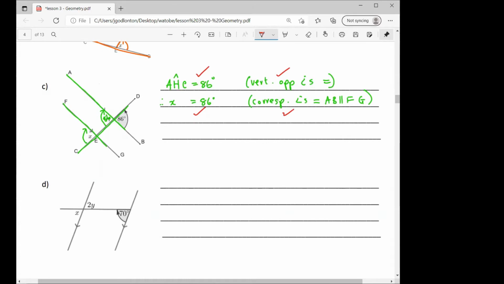Now I want you to try this one by yourselves. So for this one, I'm wanting to know what x is and I want to know what y is. And at the moment, remember, all we've learned is corresponding angles.